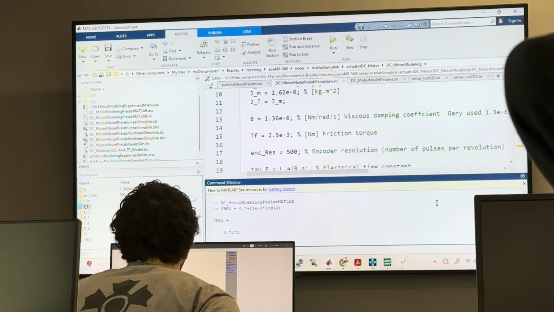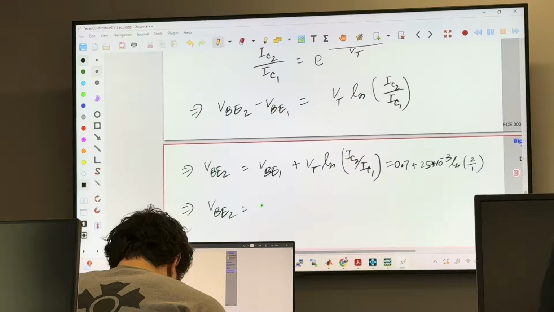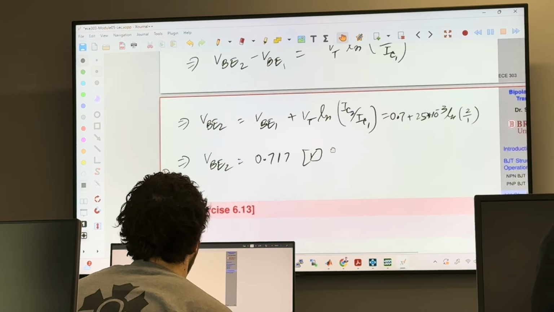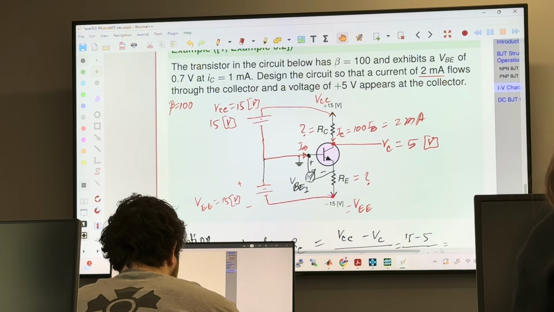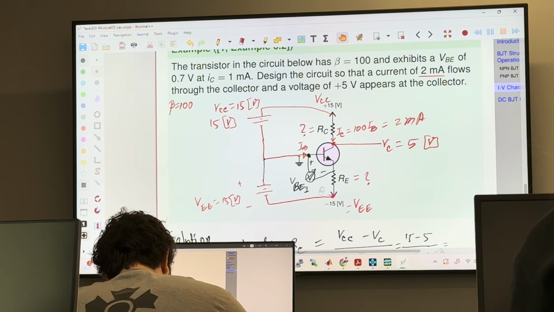It is 0.717. So this is your VBE2. So we did find VBE2 when IC is 2 milliampere.